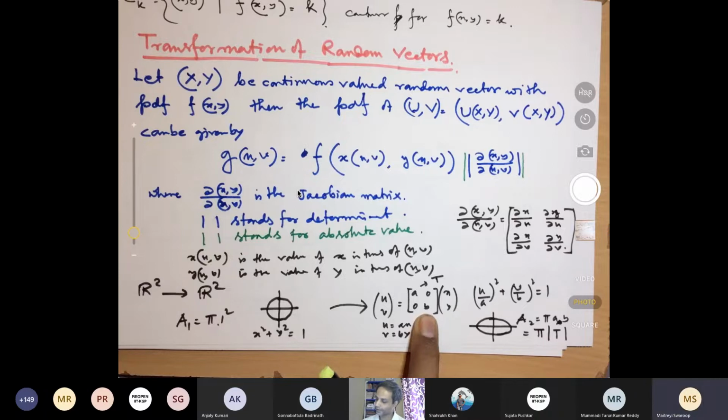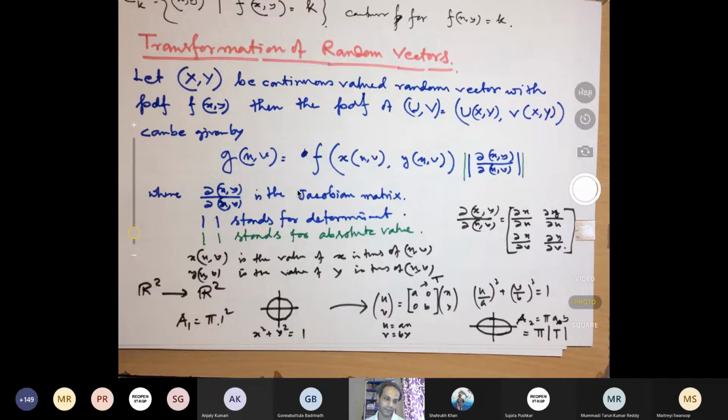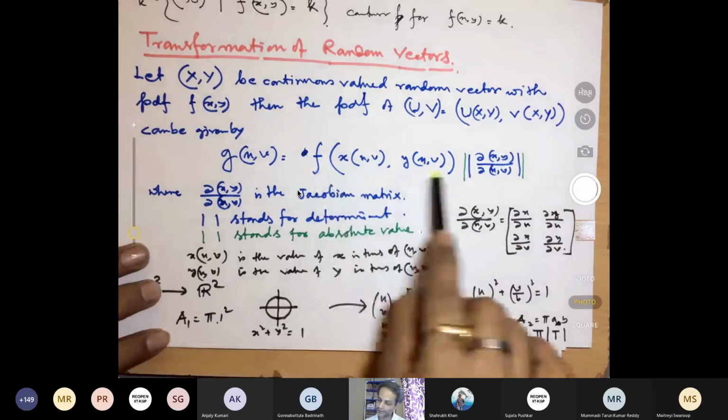So eventually the Jacobian is giving you the instantaneous rate of change of volume that we need to incorporate in the expression of density, because when we calculate probability, we will eventually calculate the area under the curve. So how much change is happening in the base xy plane, that we need to capture. Height will be captured by this part.